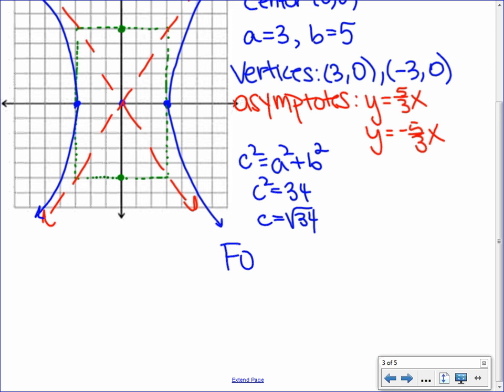So our foci are 0 plus square root of 34 and 0 minus square root of 34, and we say it's the same y value. Now square root of 34, that is almost 6. And there's our hyperbola.